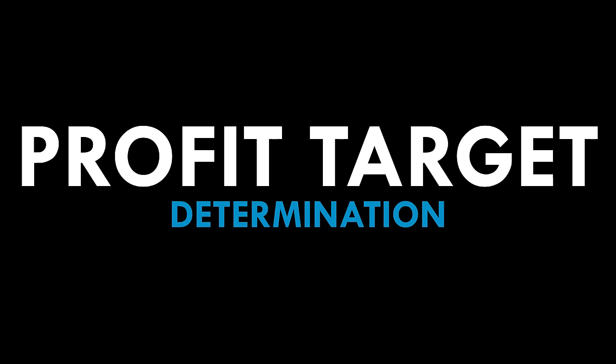You see, determining the price level where you're going to be placing the profit target for the long or short forex trade setups which you'll identify using this forex trading strategy is really simple. All you would need to do to get the exact price level where you're going to be placing the profit target for your forex trade setups is to simply aim for a profit target which is twice the number of pips which you are risking on each and every trade you decide to take.